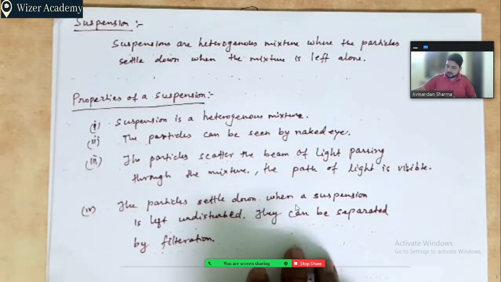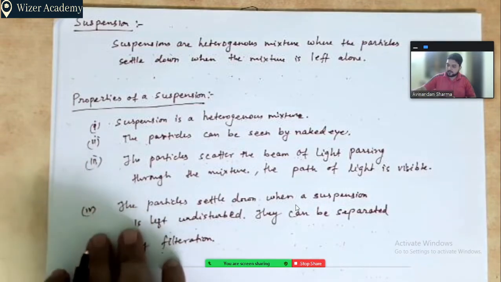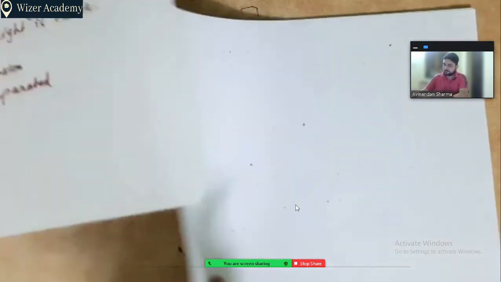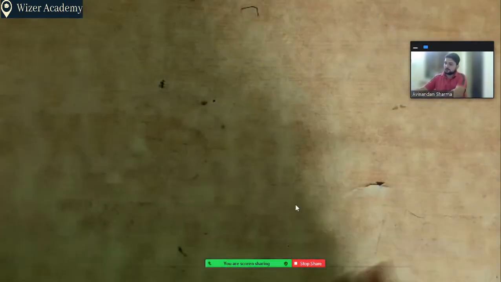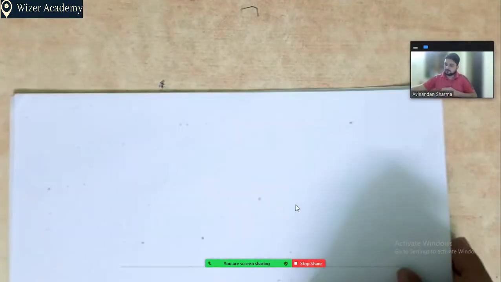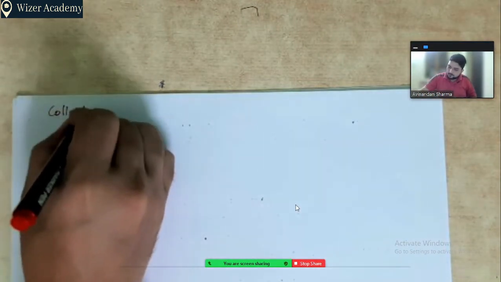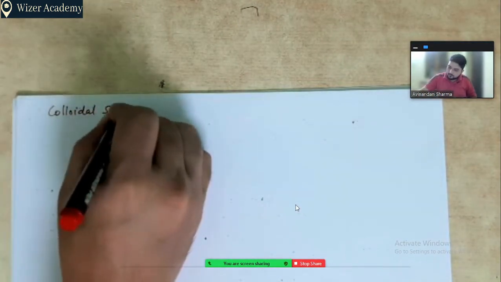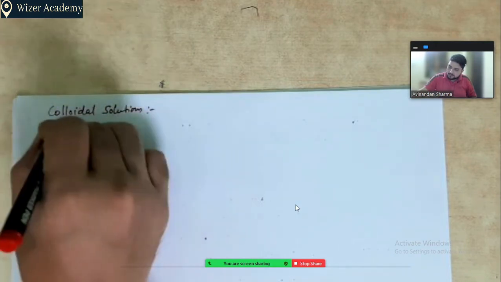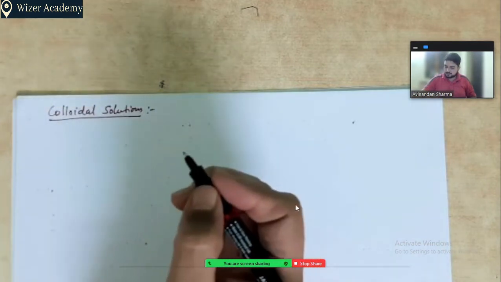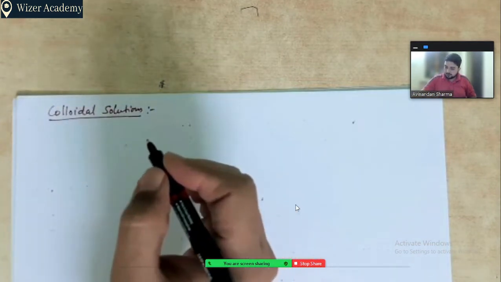Third, let us discuss a different type of mixture which is known as colloidal solution. These are intermediate between solution and suspension. They are known as colloids.